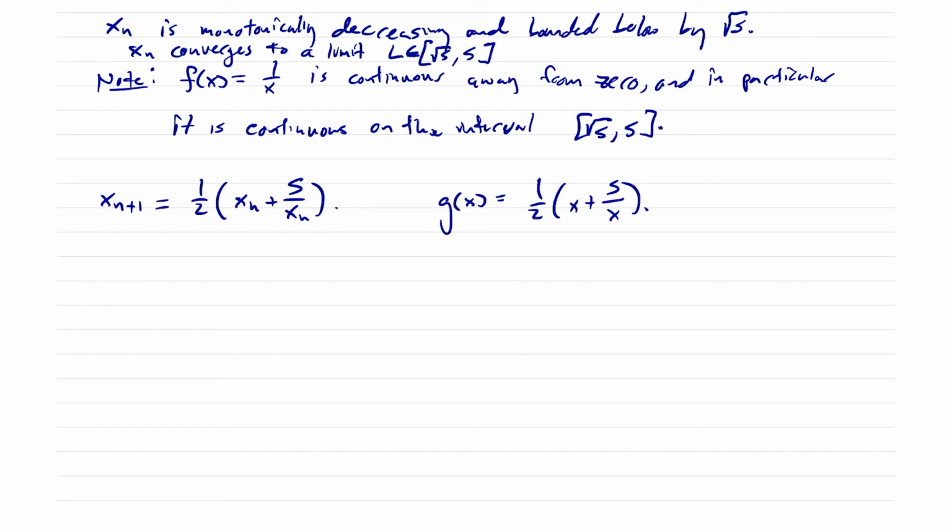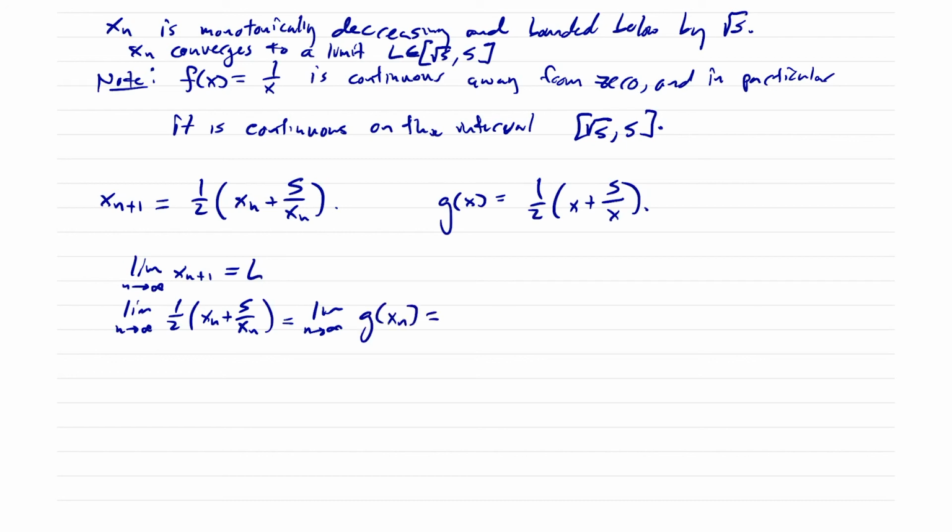Basically, if I take the limit on both sides, the limit of xn plus 1 is going to be L. And if I take the limit of 1/2 of xn plus s over xn, this is the limit as n goes to infinity of g of xn.